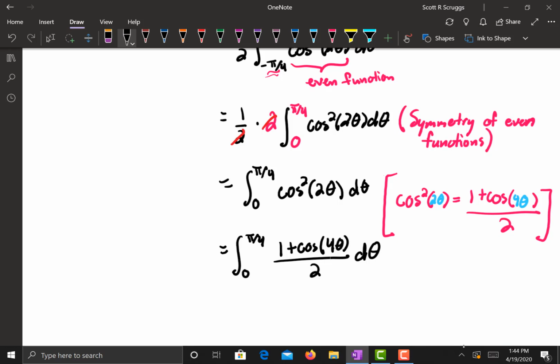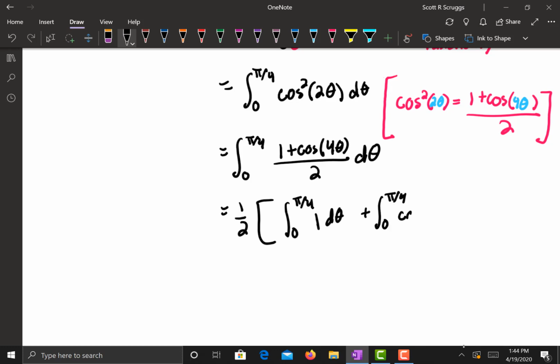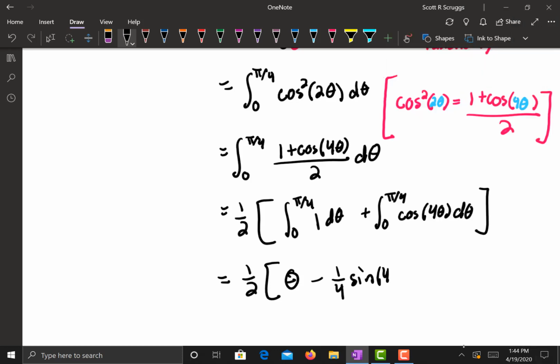All right. So now I have an extra 1/2 in there. I'm going to take that out. And now I'm taking the integral of, by linearity, 0 to pi over 4 of 1 d theta plus the integral from 0 to pi over 4 of cosine of 4 theta d theta. And if I integrate that, I'll get 1/2 times theta plus 1/4 sine of 4 theta.